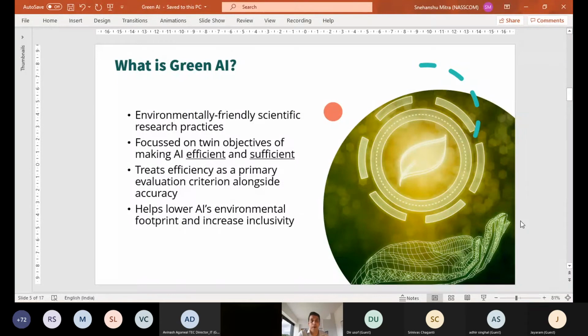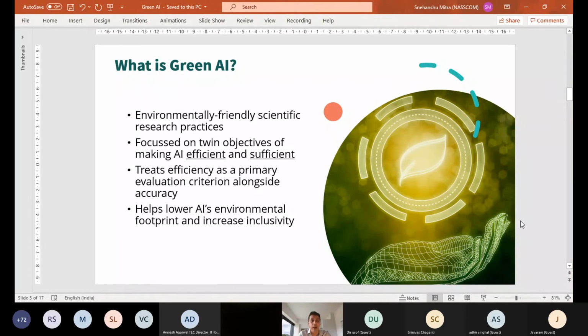The third is we are not just focused or obsessed around treating efficiency as the single most important criteria. We have been talking about accuracy. So how do we bring in accuracy and efficiency together is something which is very important. I'll talk about this point a little more in one of the forthcoming sections.